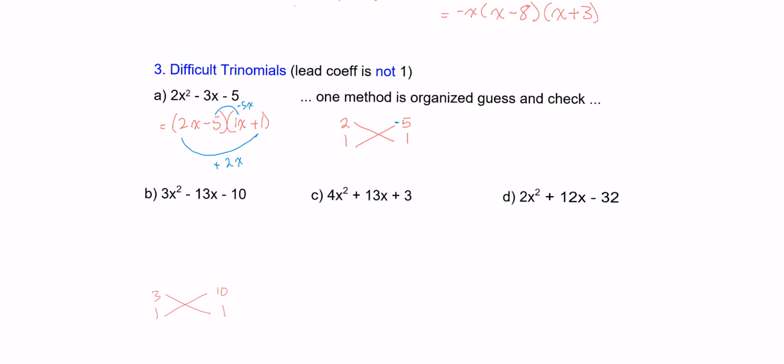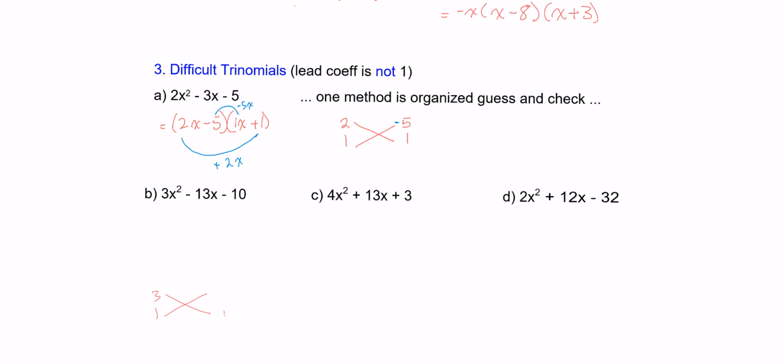But now let's see if we can get the middle part. So I actually want to have a total of negative 13. So I've got to make a negative 10. So I think I'm going to try negative 10 here. That doesn't work because negative 10 plus 3 gives us negative 7, which is not what we want.